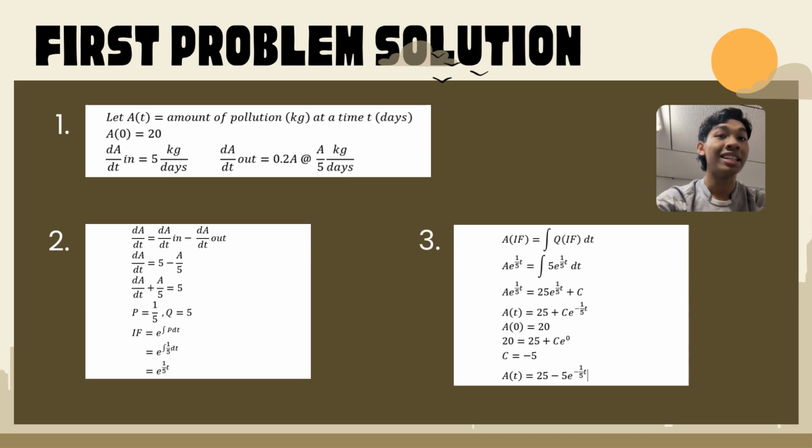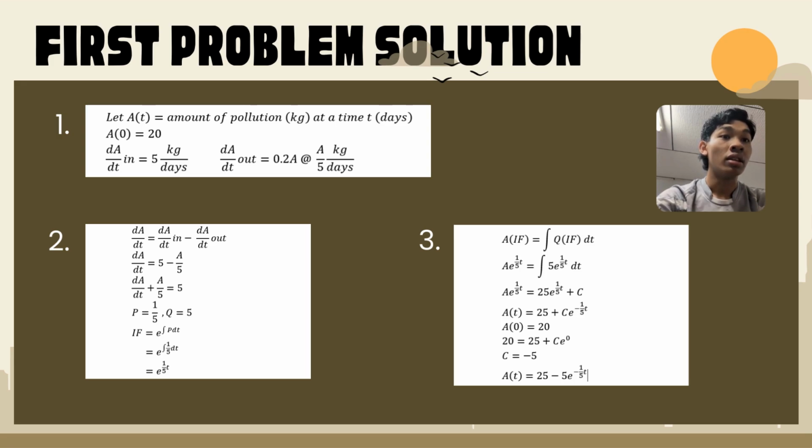Now we already got the expression for this equation, but we have something missing, which is the value of C. So by using the initial value, we substitute A0 equals 20.